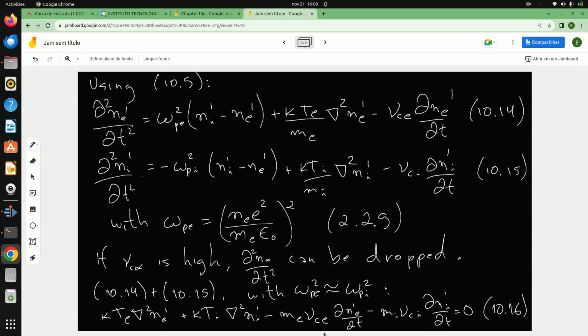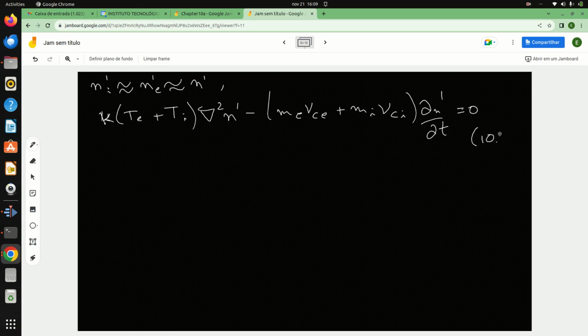And we'll do the following approximation: n e prime equal to n I prime. So we'll call them just n prime. And I approximately the same as n e, which will be, this is for the fluctuation part, just n prime.